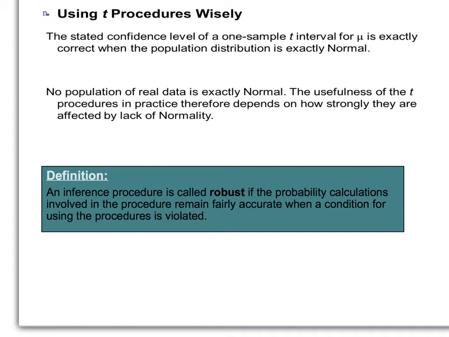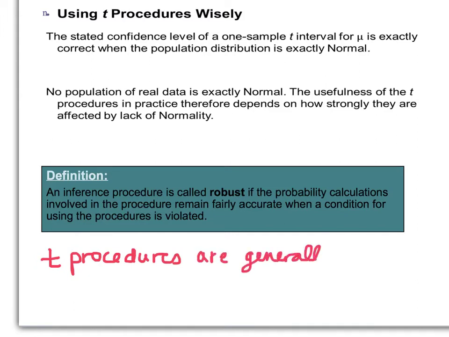An inference procedure is called robust if the probability calculations involved remain fairly accurate when a condition for using the procedure is violated. The good news is t procedures are generally robust. Okay.